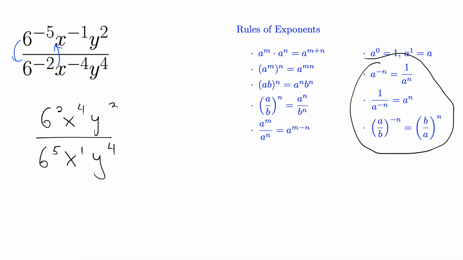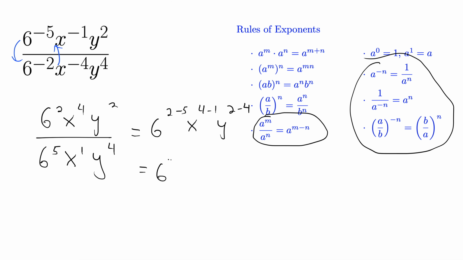So I just took everything with a negative exponent and moved it to the other side of that division line. Okay, and now we can just use this principle right here and do all these out. So we have 6 to the 2 minus 5, x to the 4 minus 1, y to the 2 minus 4. So what that does, we have far fewer negatives to work with here.